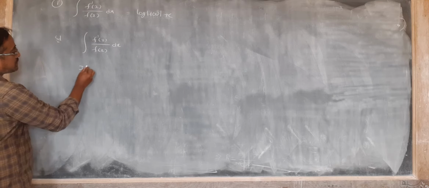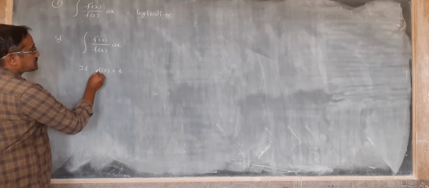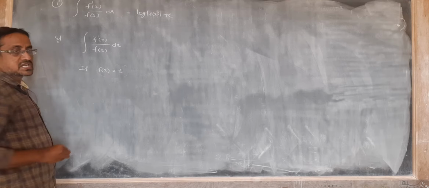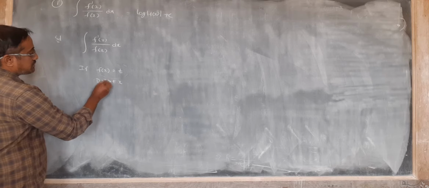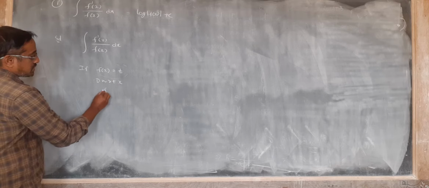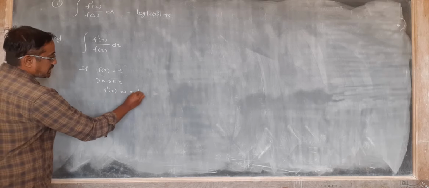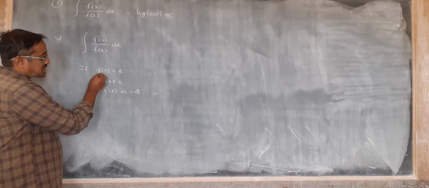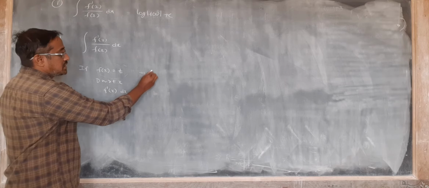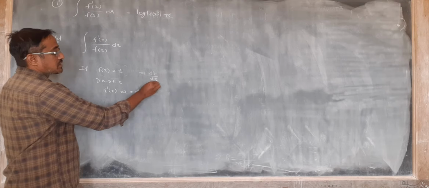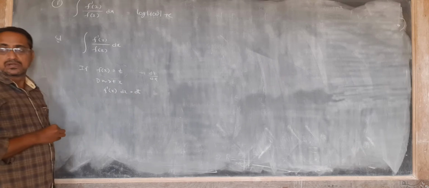So if f of x is equal to t, this is the substitution method. We substitute f of x as t. Now differentiating with respect to x, f dash of x dx is equal to dt. f dash of x is, differentiating with respect to x, you get dt by dx, and by cross multiplication you get f dash of x dx is equal to dt.